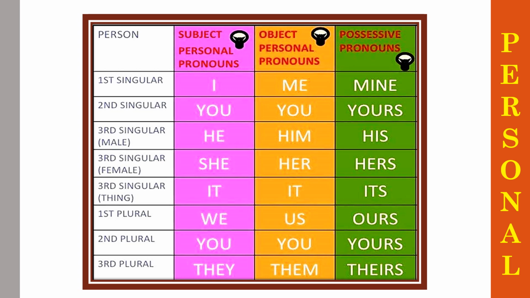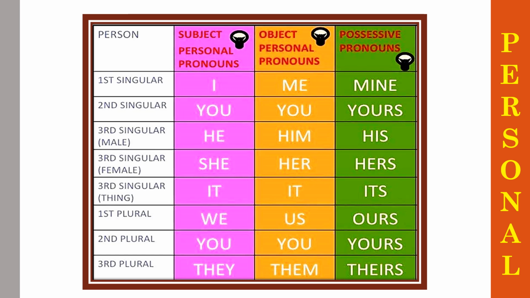Now we have subject personal pronouns, object personal pronouns, and possessive pronouns. According to number, first person singular, second person singular, third person singular male, and third person singular female. The subject is something that we're talking about in a sentence.